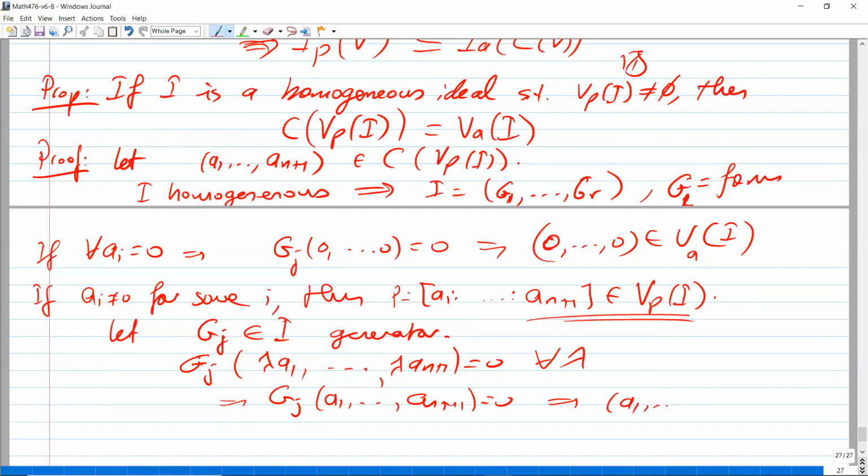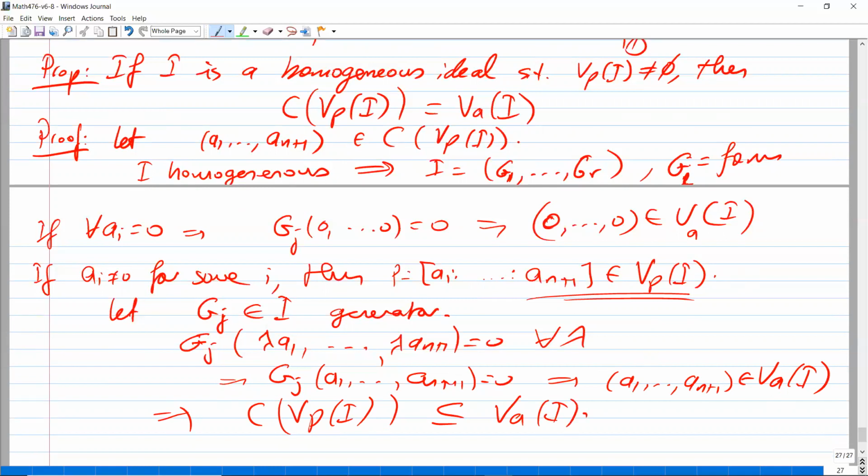so that (A1, ..., An+1) is in the zero set of I. Therefore, we have the cone over VPI is a subset of VAI.